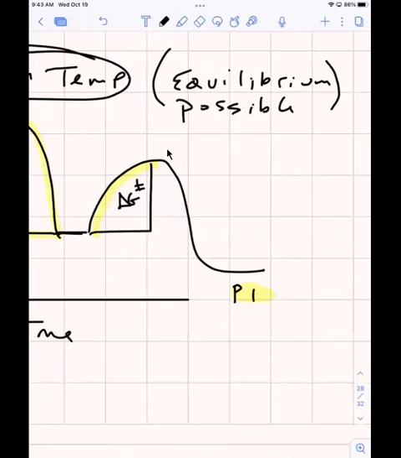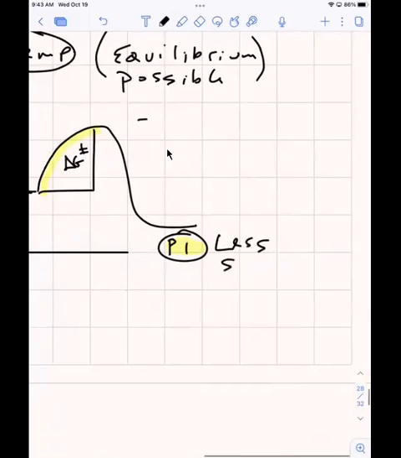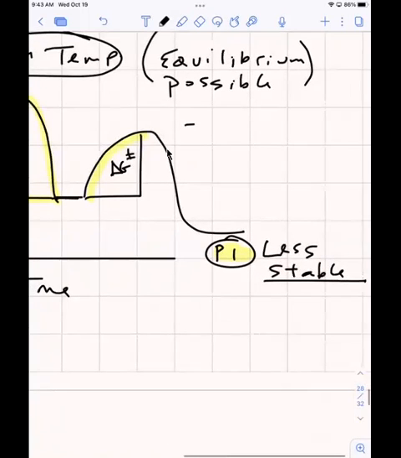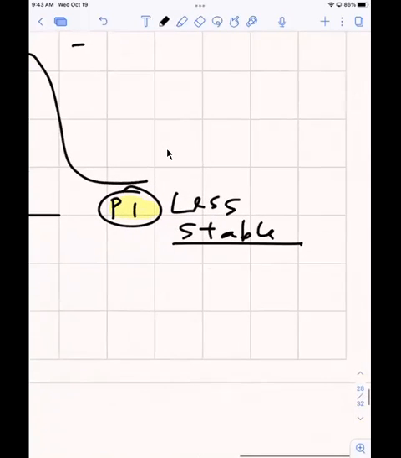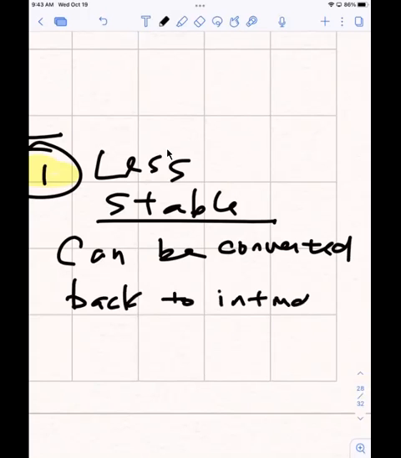And what happens is, since P1 is less stable, right? P1 can actually get converted back into the intermediate and then get converted into P2. I'm gonna abbreviate intermediate.